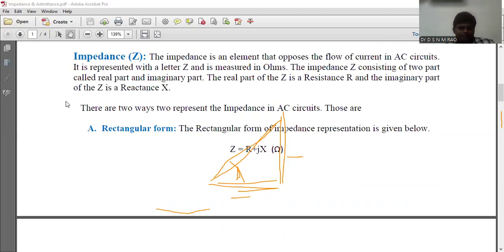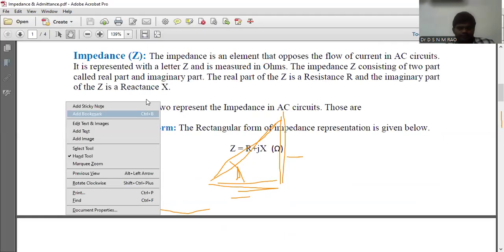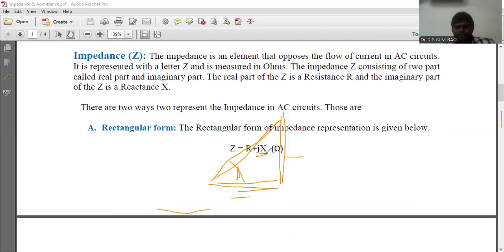As already told, j is the imaginary term. j is always placed in front of the imaginary term. j is the most important operator in electrical engineering.